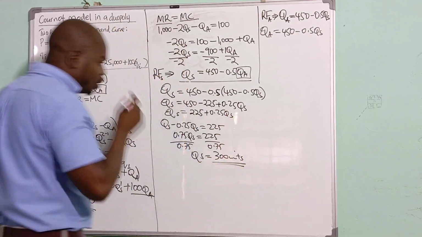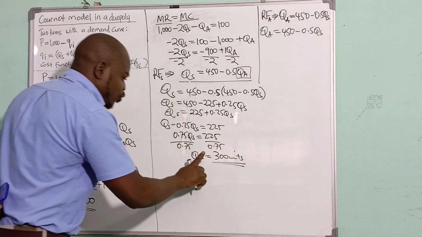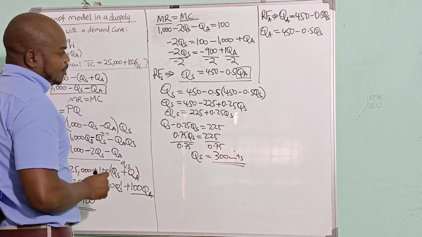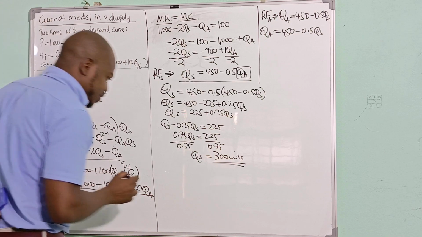So what this entails is that firm S should produce 300 units, but we also need to know how many units firm A should produce.